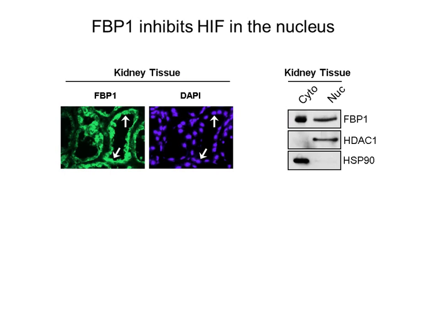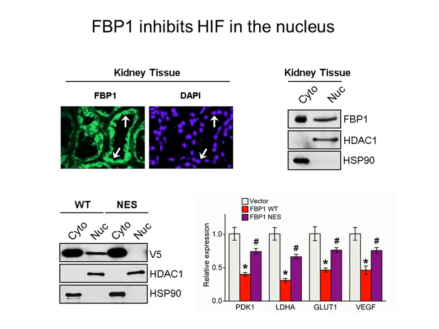So in the upper left-hand corner is healthy kidney tissue, where by immunofluorescence we can show that FBP1 is in both the cytosol and the nucleus. Probably more convincing is the subcellular fractionation shown in the right-hand side, where it's very clear that FBP1 protein is in the cytosol, but also the clean nuclear fraction.